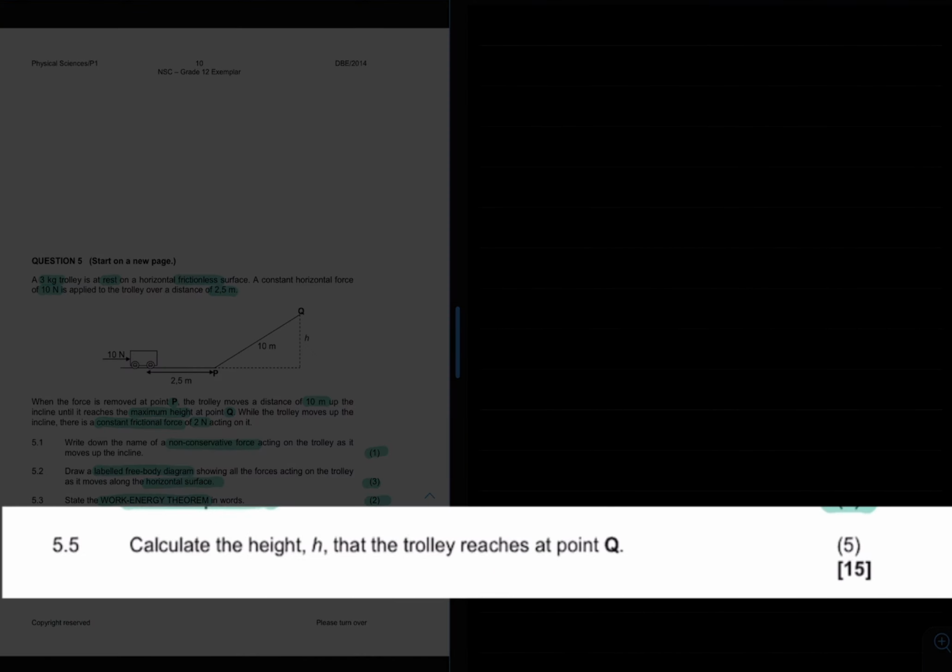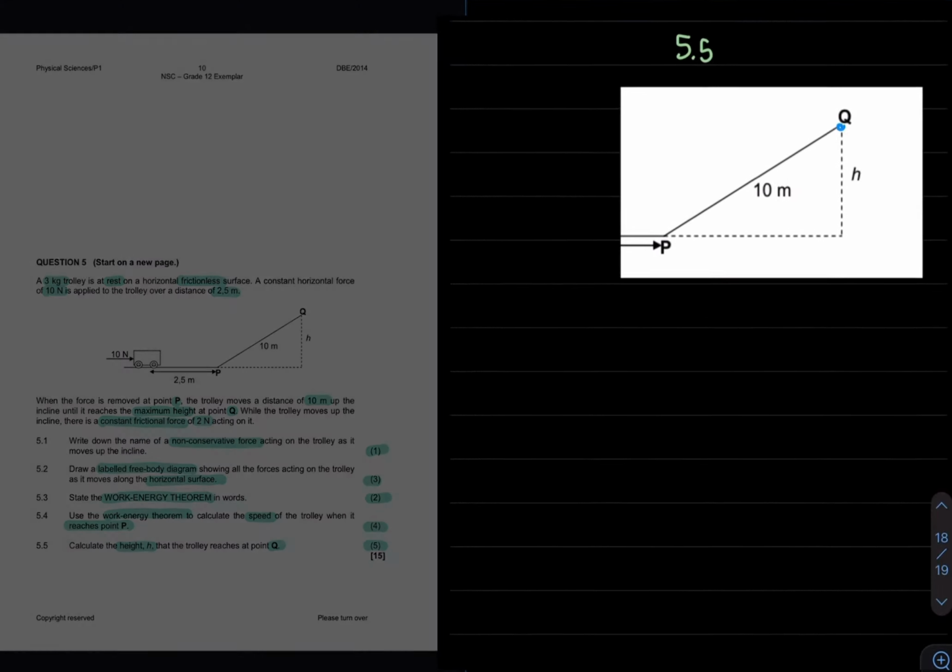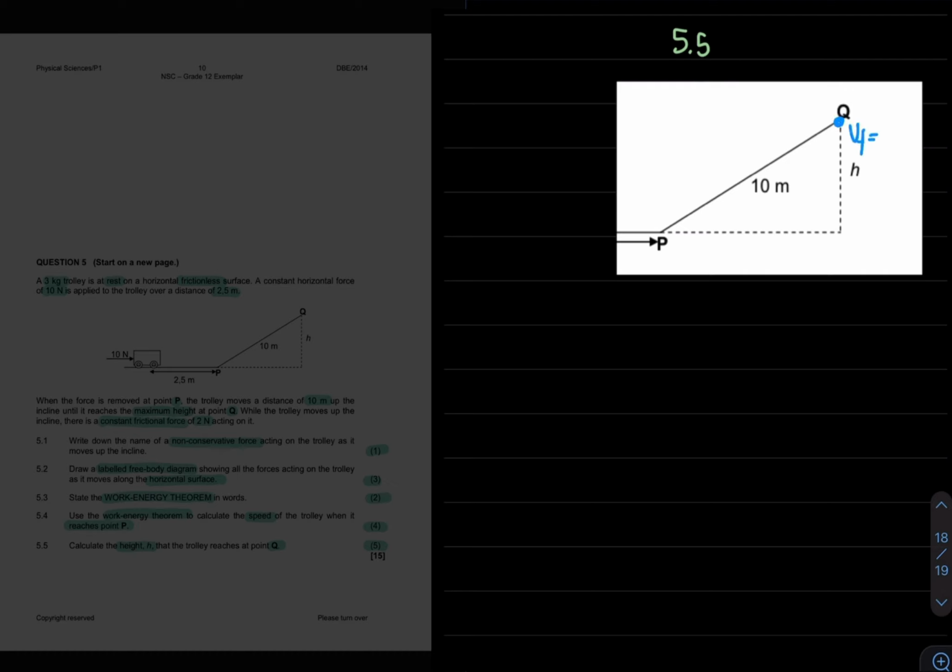In 5.5, they ask us to calculate the height h that the trolley reaches at point Q, for a total of 5 marks. So remember, at point Q it reaches its highest point where the velocity will be equal to 0. At point P we just calculated the velocity, which is equal to 4.08. Now we can see that we have a change in velocity, delta v, as well as a change in height.